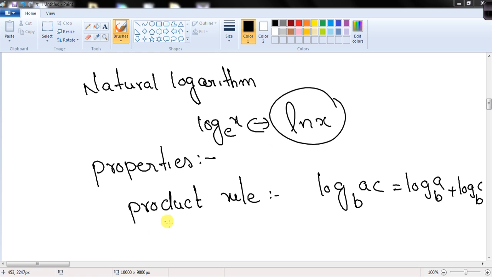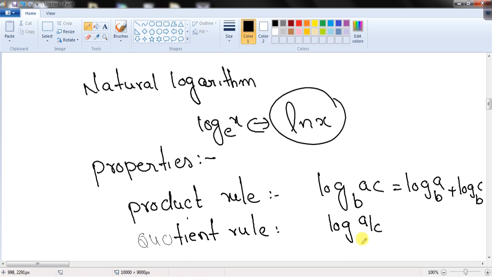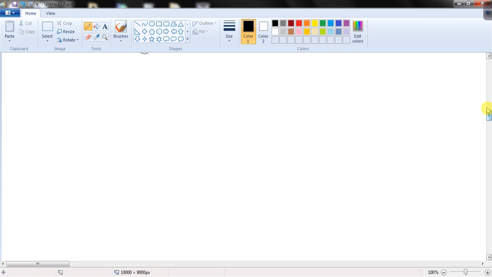The next rule is the quotient rule. Log a by c to the base b can be written as log a to the base b minus log c to the base b, which is said to be the quotient rule.